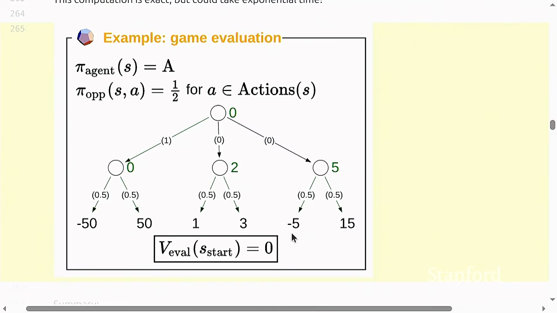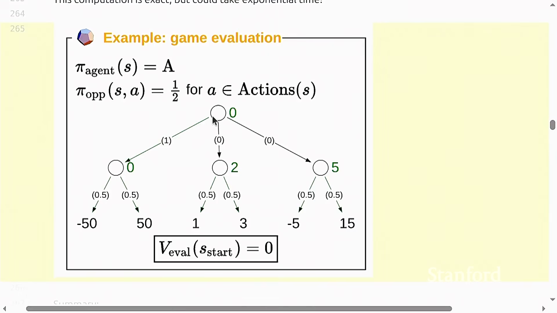And here it's 0.5 times minus 5 plus 0.5 times 15. That's going to be 5. And then finally, this is just going to be choosing the action according to the policy. The policy always chooses A. So it's going to be 1 times 0 plus 0 times 2 plus 0 times 5, which gives me 0 here.